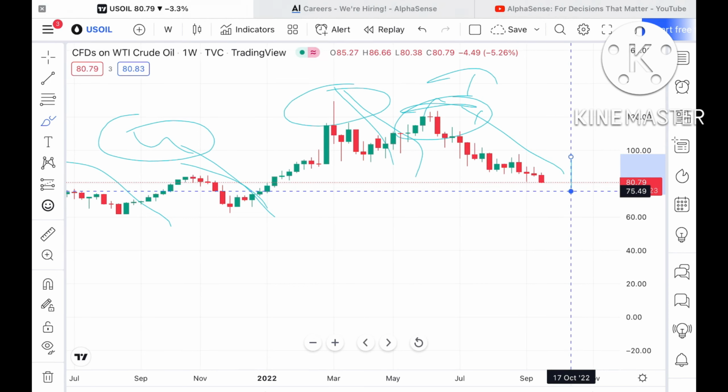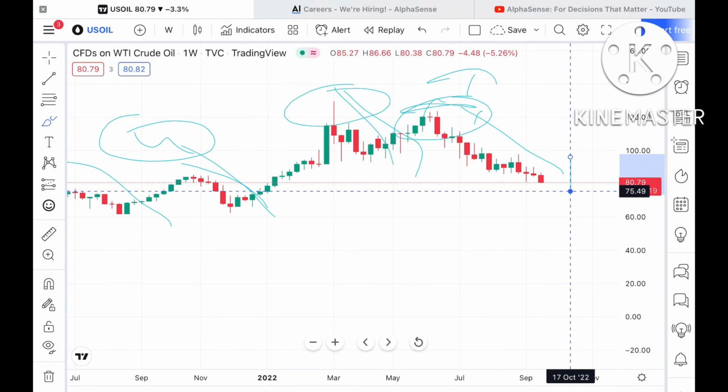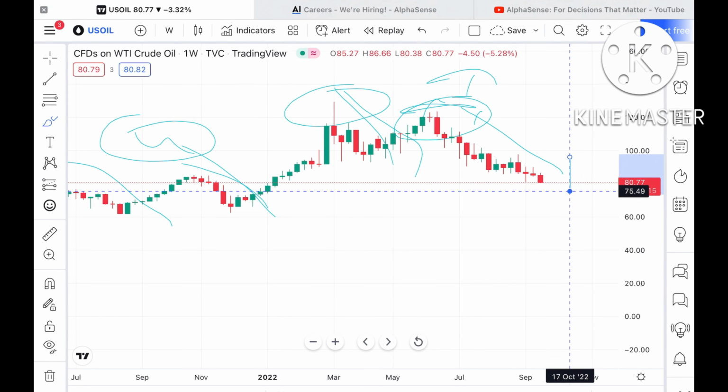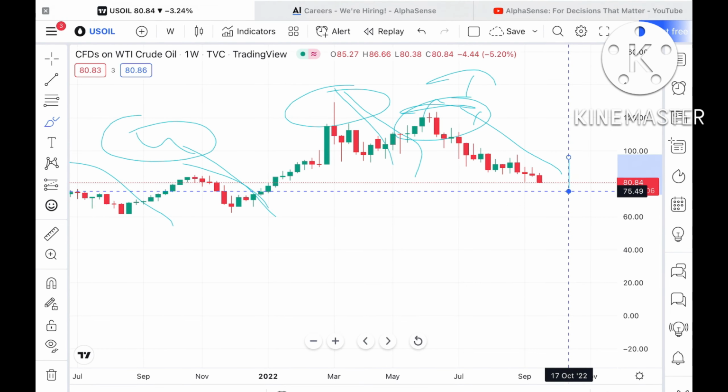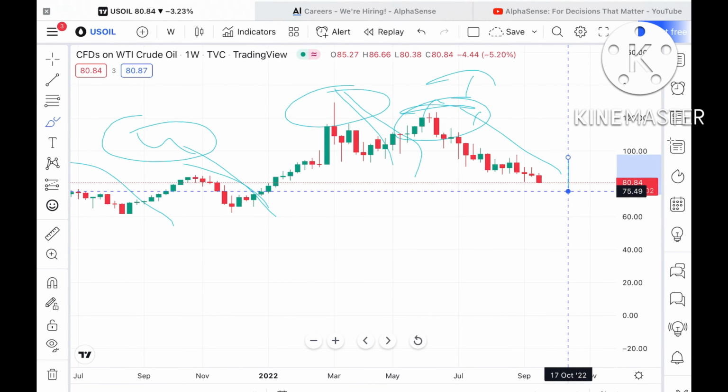Now what we can see, if the price doesn't sustain this particular level, it can come down and touch a level of around $77.28, which I've already explained in my previous video, that 85, 77 and 65 are some of the strong supports. From there we can see the price of crude bounce back. Suppose this particular level doesn't sustain, which is a higher probability.